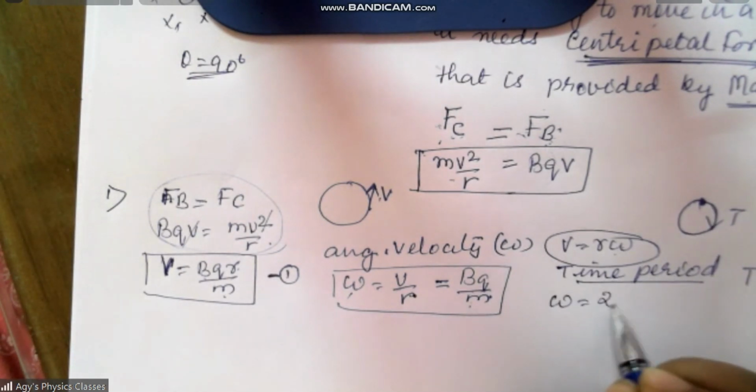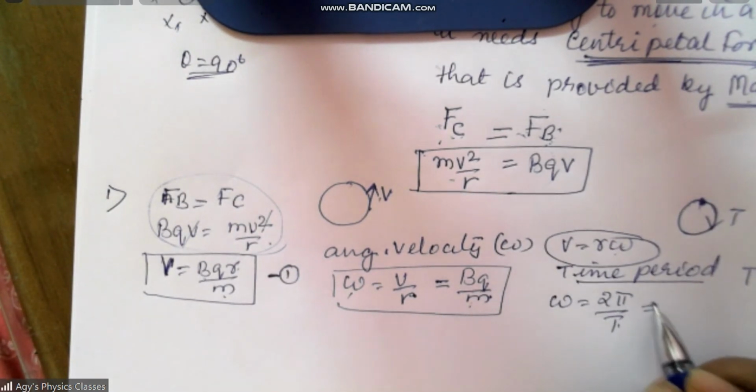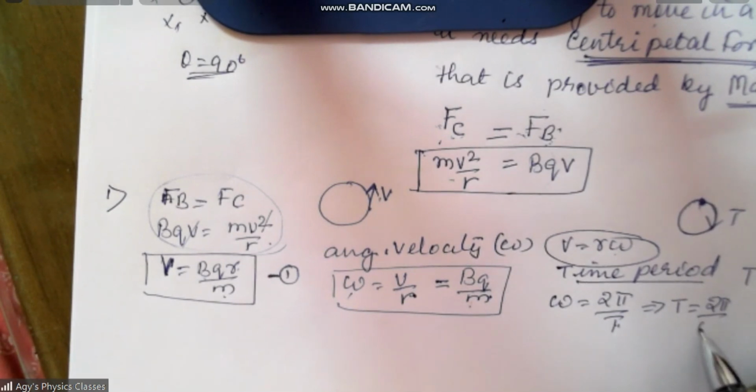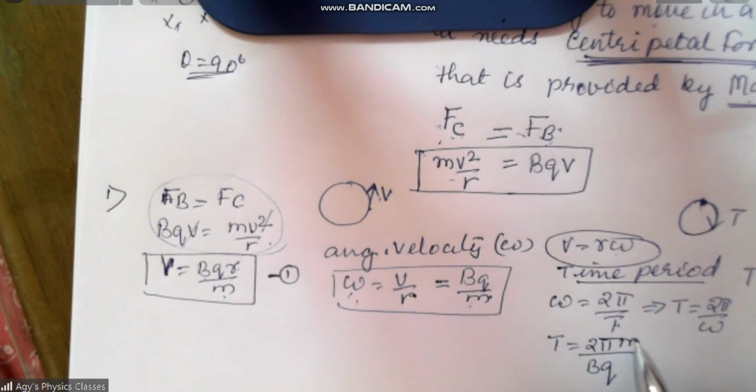Omega is equal to 2 pi by time period. Therefore, time period is equal to 2 pi by omega. Omega is BQ by M.